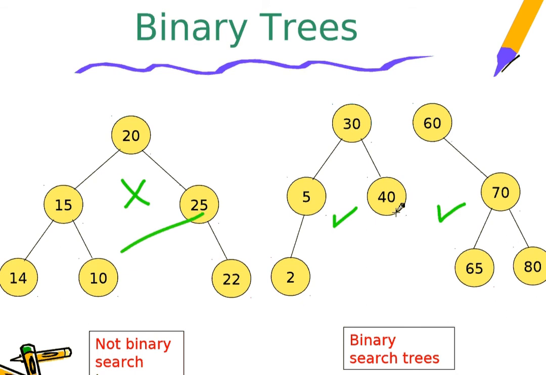So I can say it is a binary search tree. Now take this tree. In this, the root is 60 and the right of it is 70, and the left of 70 is 65, which is lesser, and the right of 70 is 80. Hence it is a binary search tree.